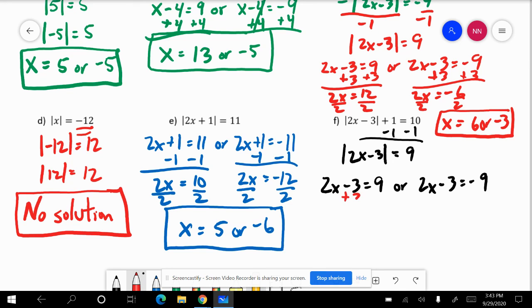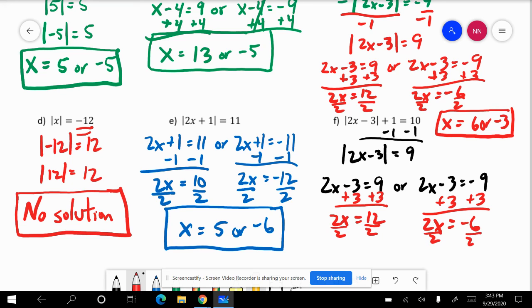Solving these equations, I'm going to add the 3, and I get 2x is equal to 12. Here I'm going to add the 3, and I get 2x is equal to negative 6. So when I divide it by 2, I get x is equal to 6 or negative 3.